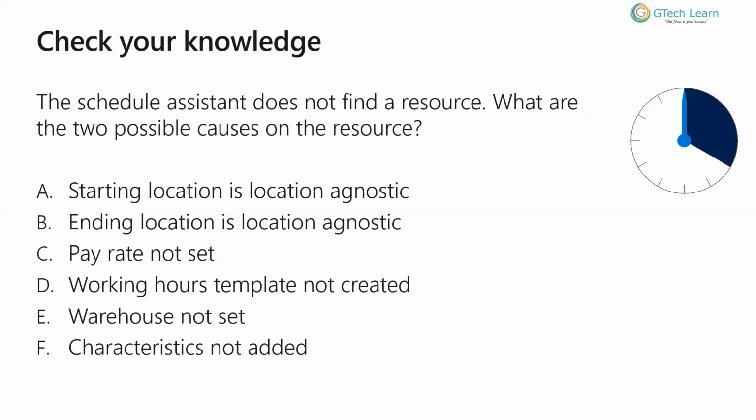Option A, start location is location agnostic, option B, ending location is location agnostic, option C, pay rate not set, option D, working hour templates not created, option E, warehouse not set, or option F, characteristics not added. So your answers on the chat, guys. Let me start the timer now.